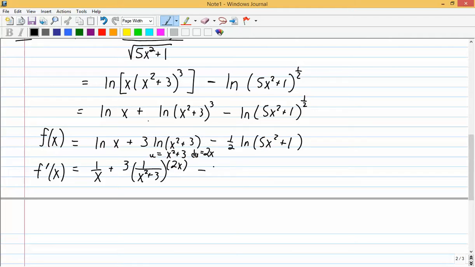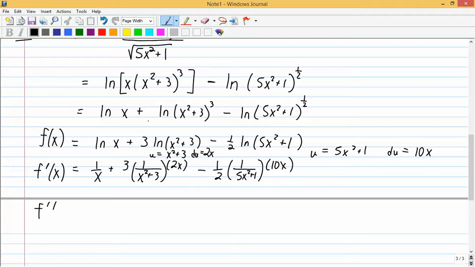Minus, I have 1/2 times, again, when I take the natural log of something other than just x, that's my u. So for this expression, my u is 5x squared plus 1. That makes my du equal to 10x. So 1 over u du is going to be 1 over 5x squared plus 1 times the du, 10x.